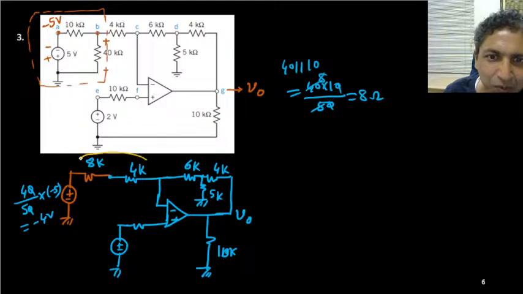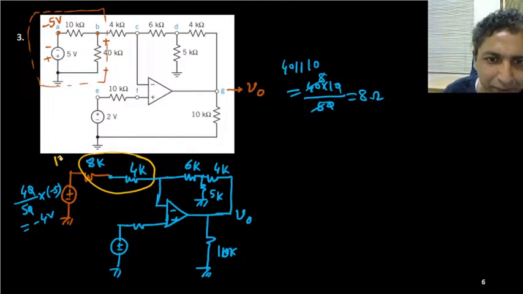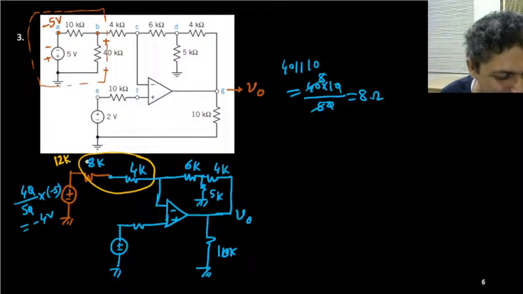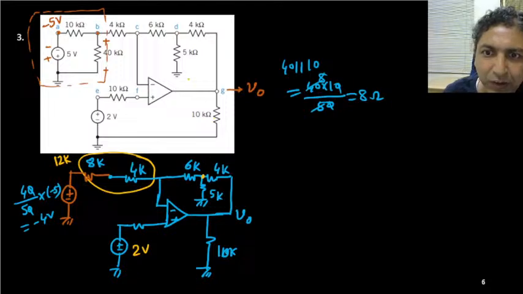Now what you can do, this 8K and 4K we can combine, and this will be your 12K. Right? Now one important thing is that this is your 2 volt. Now how to tackle this one? First you can calculate this potential. Suppose this is your D node, so I'll call it VD.